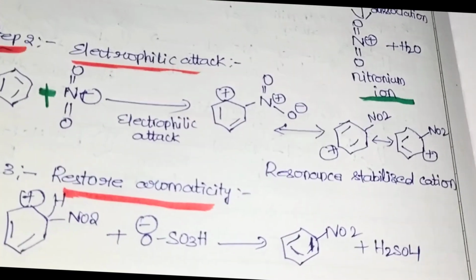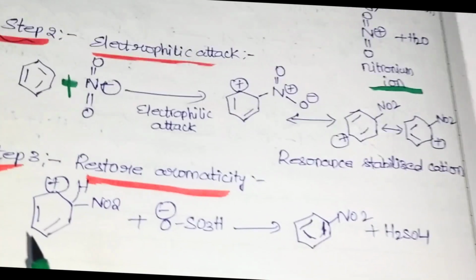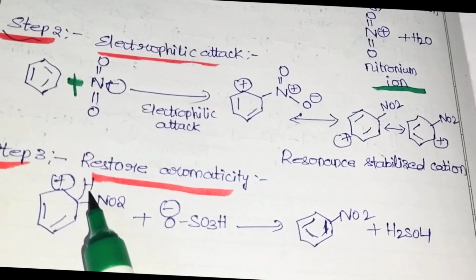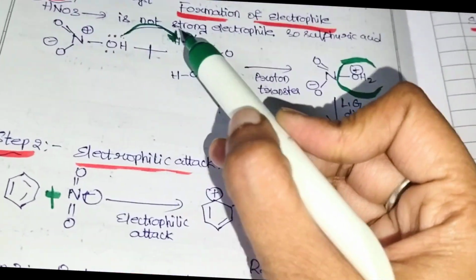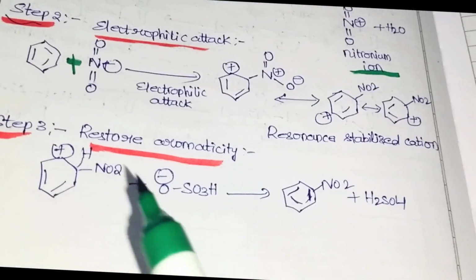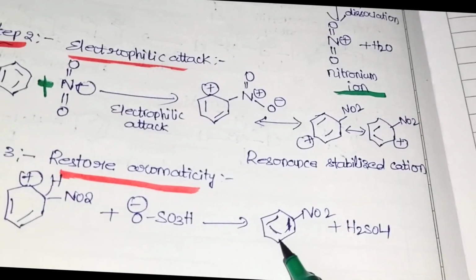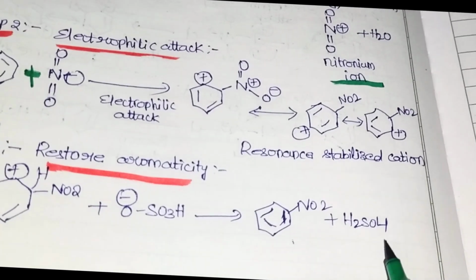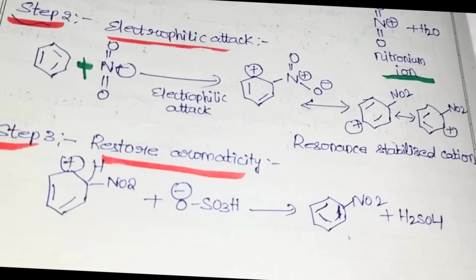Again it will lose its aromaticity as usual, and to restore it, it will lose a proton. This proton will be removed by the OSO3H which is present here. So the proton is restored to it, and we get nitrobenzene along with H2SO4. This is the last step.